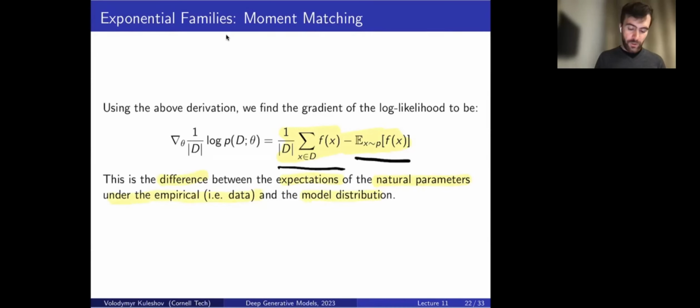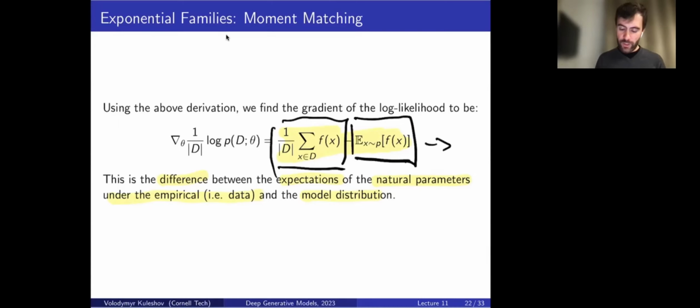Right, so if you take this first term here, you can view this as the expected value of f, where the expectation is taken with respect to the data distribution. And this is an expectation over the same set of terms, but with respect to the model distribution.